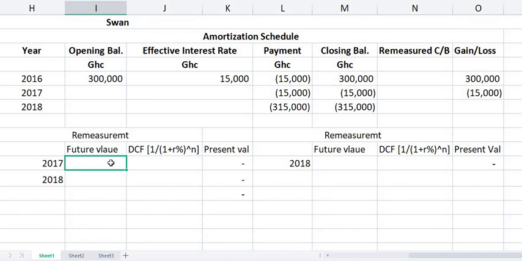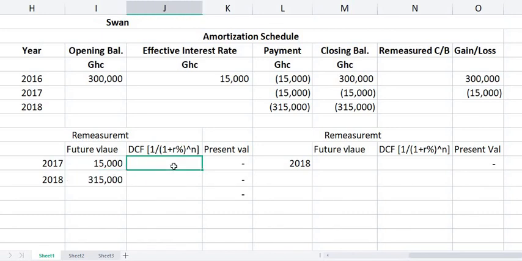Now we've paid for 2016, so 2017 is unpaid and 2018 is unpaid. The present value of the unpaid amount should be equal to the closing balance of the previous year. So we have here our 15,000 and our 315,000.